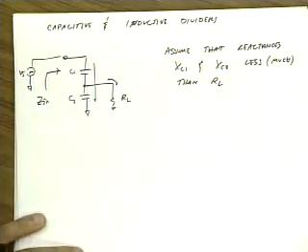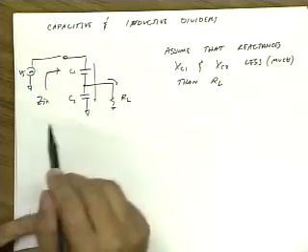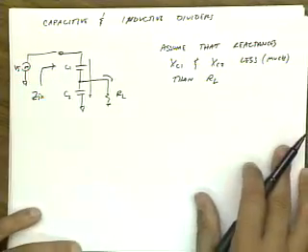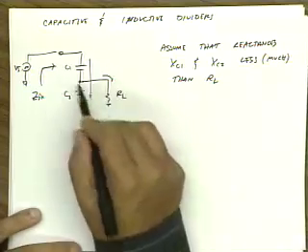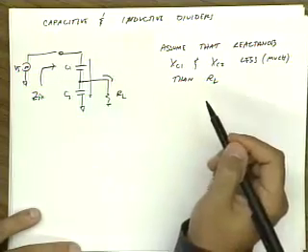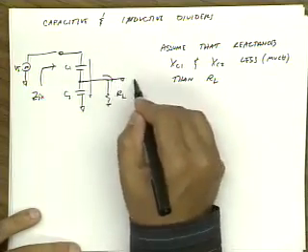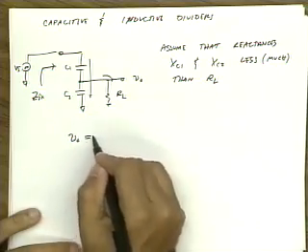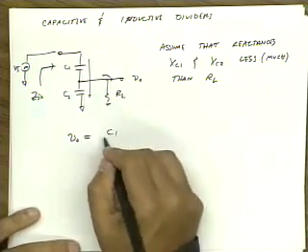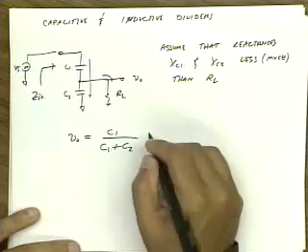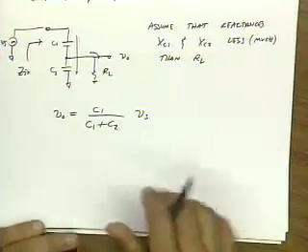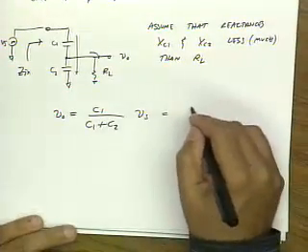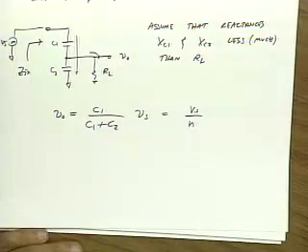Some small part of it will go through here, but just to make the analysis very simple, let's neglect that. Well, if that's the case, then this is simply a capacitive voltage divider, right? So if I call this Vout, Vout is equal to C1 over C1 plus C2 Vs, right? And I can say that this is Vs over N.